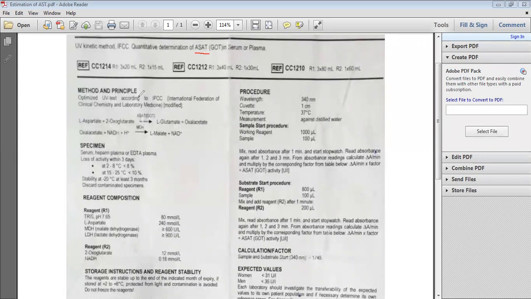First of all, the principle of this experiment. L-aspartate is the amino acid which is present in the liver cells. It would react with 2-oxoglutarate.